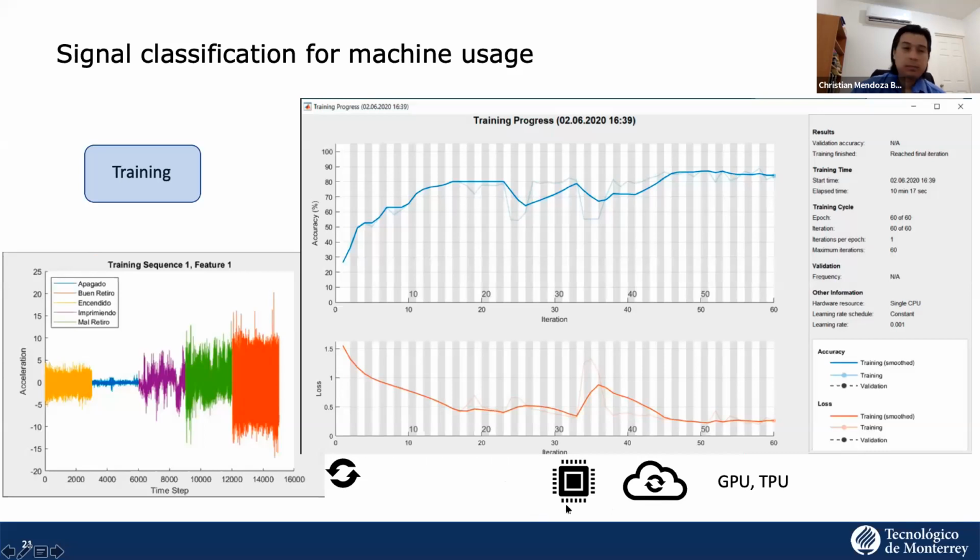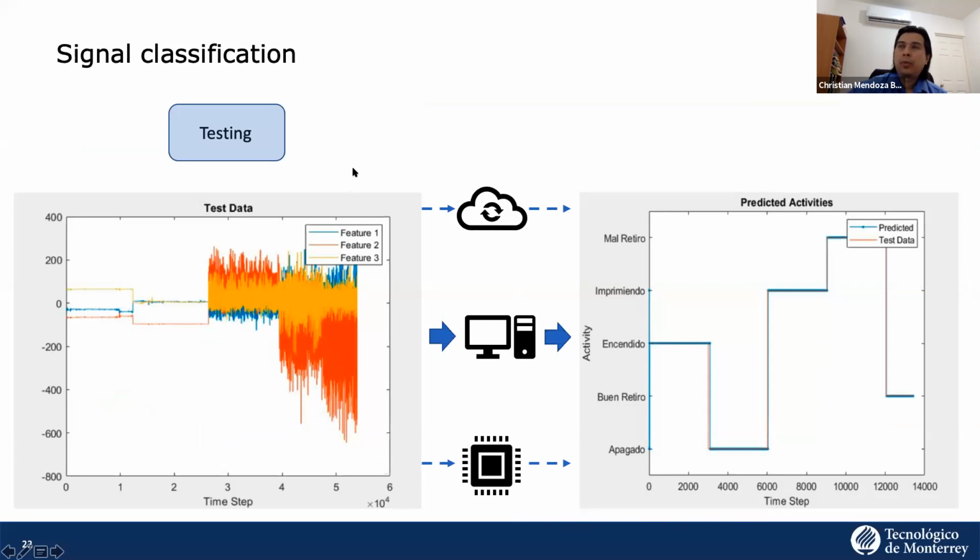And of course, as I mentioned before, we can use specialized hardware, cloud computing, or other hardware such as graphic processor units or tensor processor units to train these models.